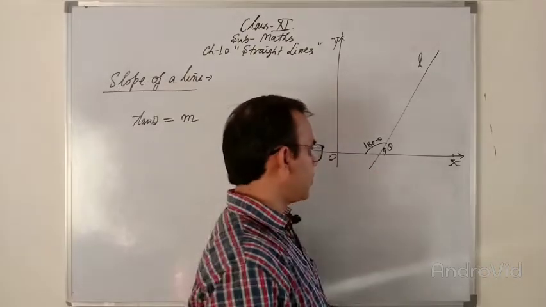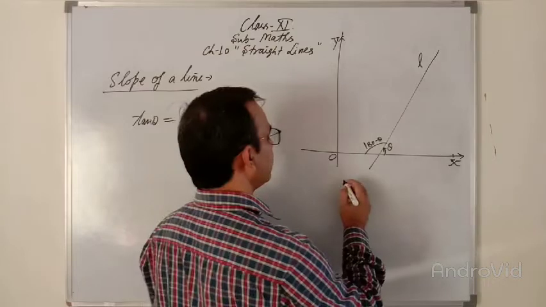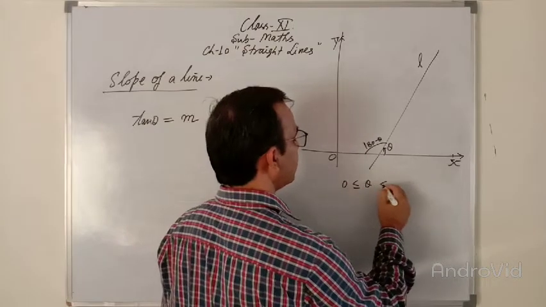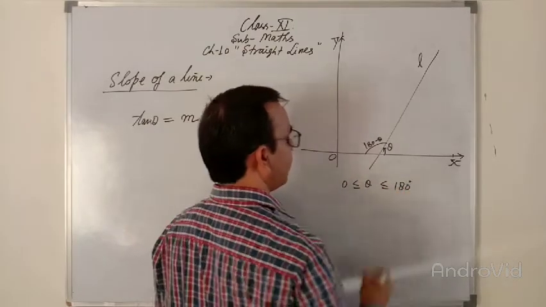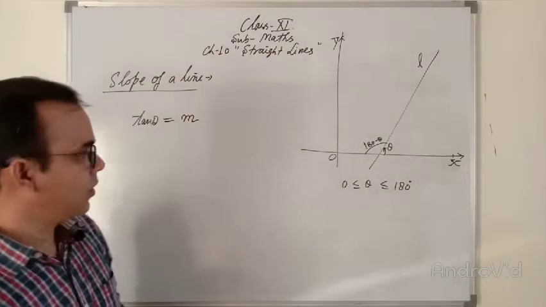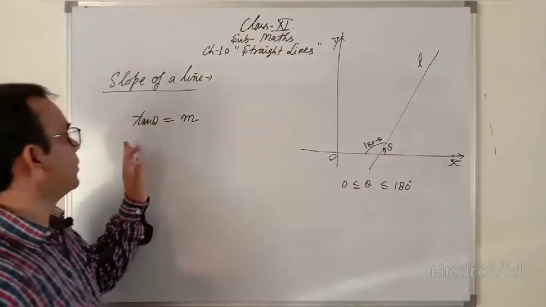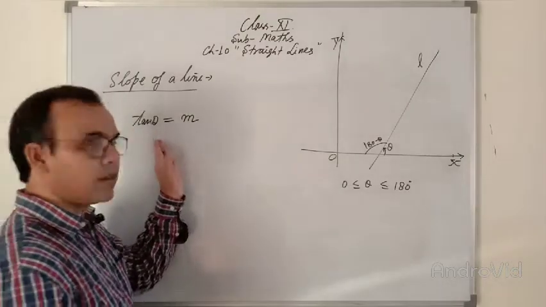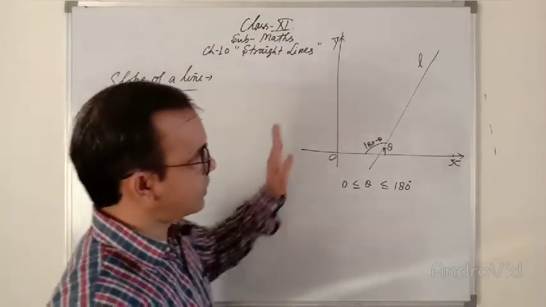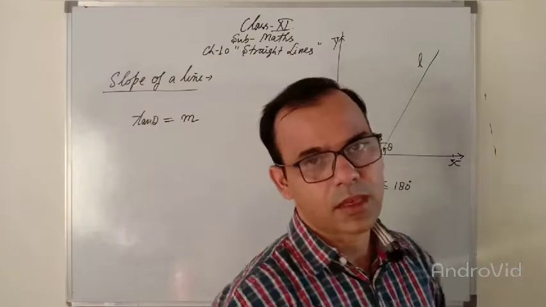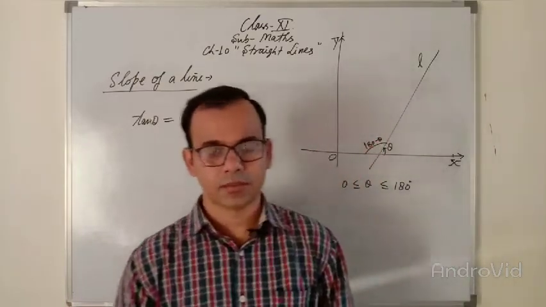Here we should also keep in mind that the value of theta will lie between 0 to 180 degree. Clear? The slope or the gradient of the line is called tan theta, where theta is the inclination of the line with respect to the x-axis.